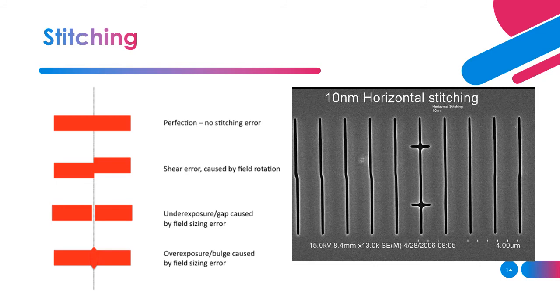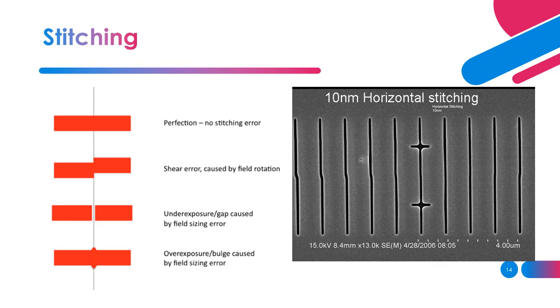From the picture on the left, you will see that perfect printing will have no stitching error. Second, there is shear error caused by field rotation. Then underexposure or gap caused by field sizing error, and another one is overexposure or bulk caused by field sizing error.